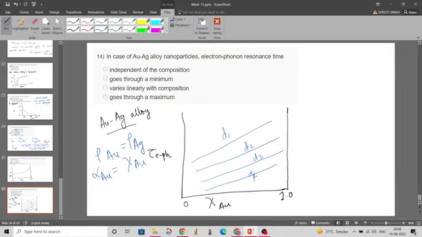So the answer of this question will be that it varies linearly with the composition. It doesn't increase or decrease. Okay, so the answer will be C.